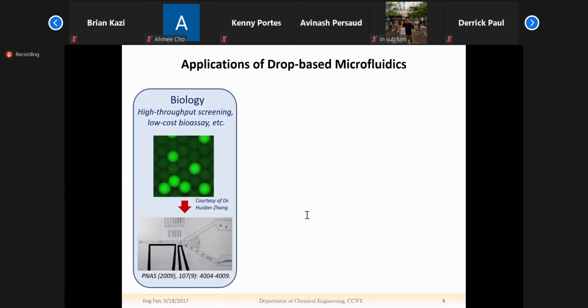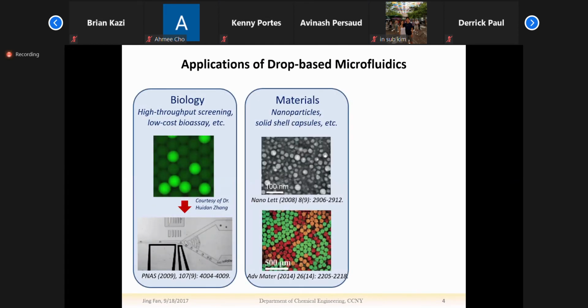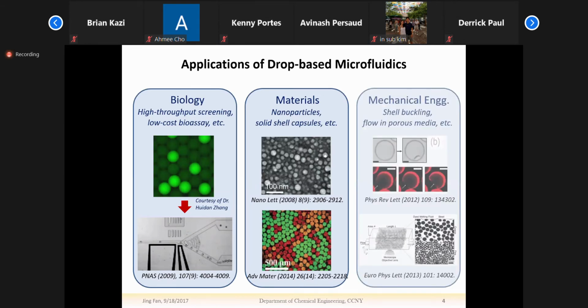Now, the applications of drop-based microfluidics range from biology to material fabrication, also to studying fundamental mechanical engineering or physics problems. For materials, we can make nanometer-sized particles. We can make double emulsions and then transform them into solid shell capsules. What we make is a double emulsion.